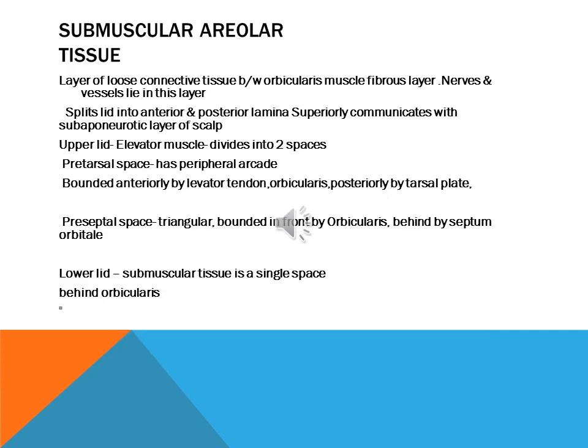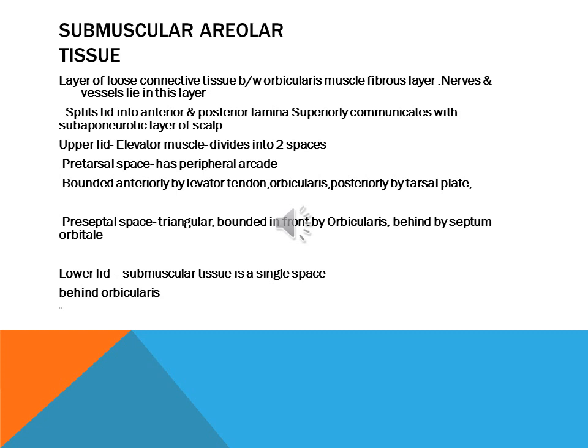Submuscular areolar layer is the layer of loose connective tissue between the orbicularis oculi muscle and the fibrous layer. It has nerves and vessels. It splits into anterior and posterior lamina superiorly, and it communicates with the subaponeurotic layer of the scalp.